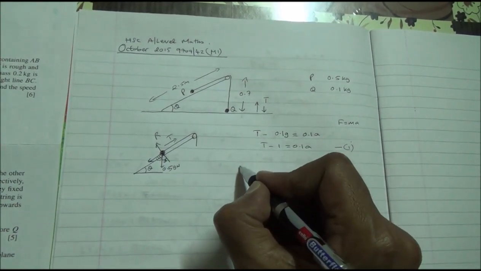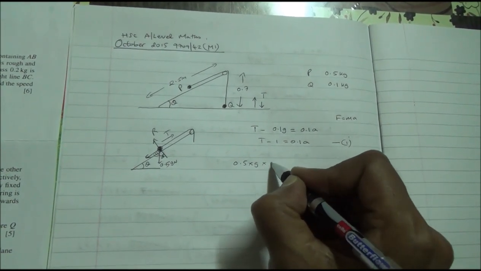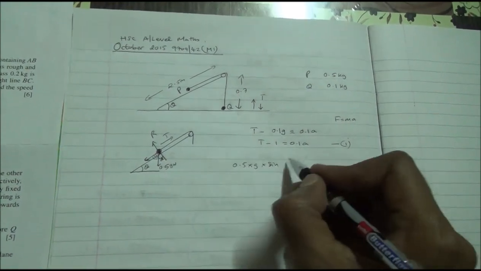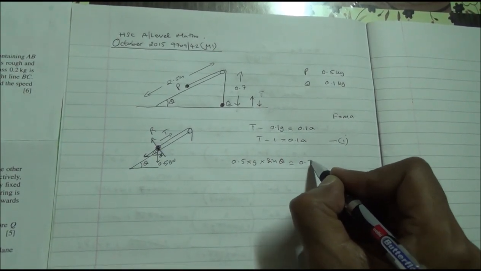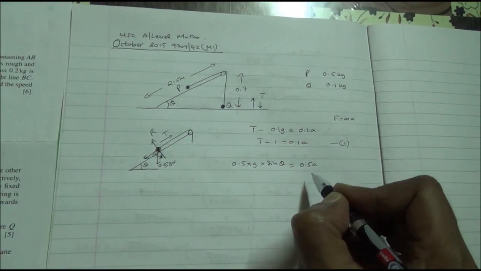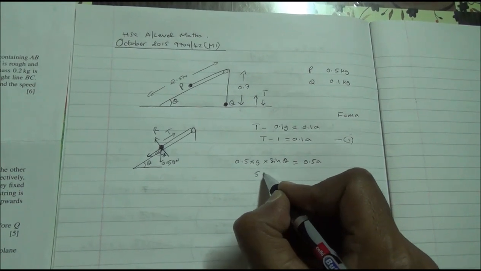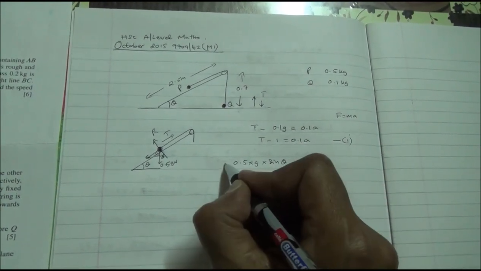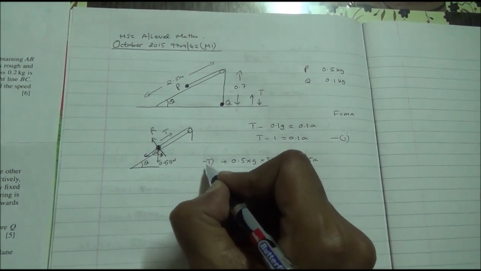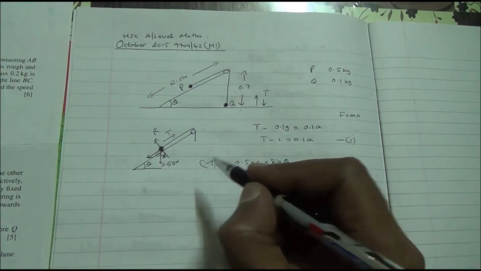So we're going to say 0.5 times g times the sine of theta, and that's going to be equal to mass times the acceleration. So 0.5 times g is 5 times the sine of the angle, minus the tension.